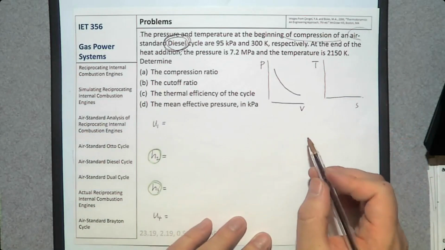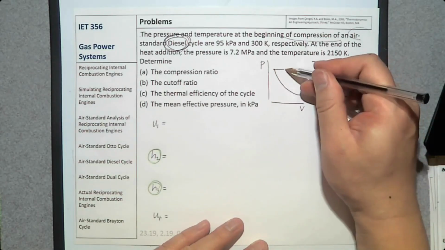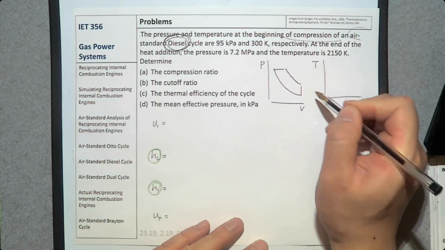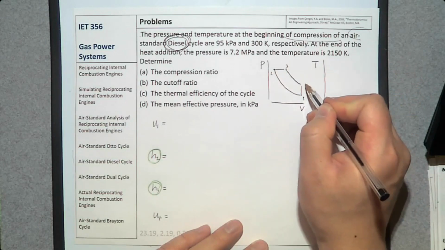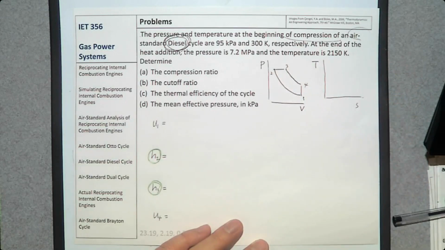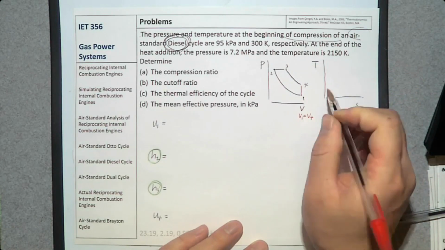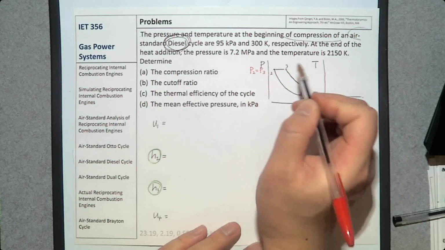Isentropic compression, constant pressure heat addition, isentropic expansion, constant volume heat rejection. 1, 2, 3, and 4. And we have V1 the same as V4, and P2 the same as P3.